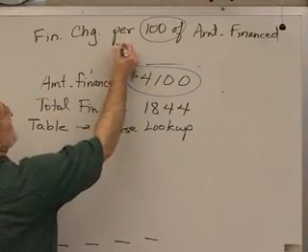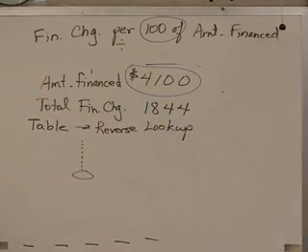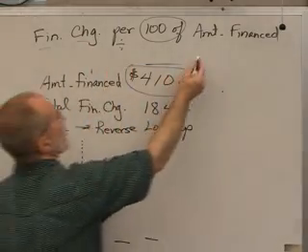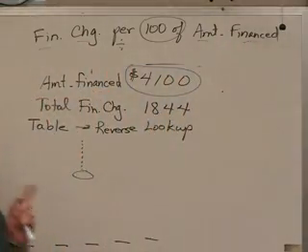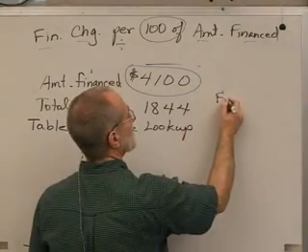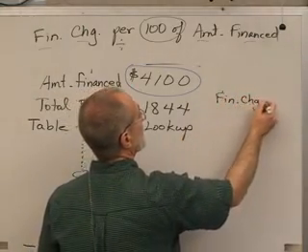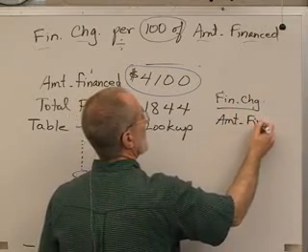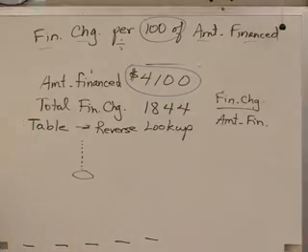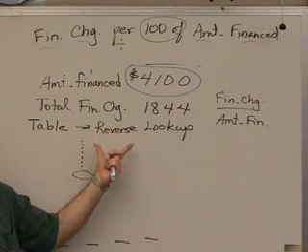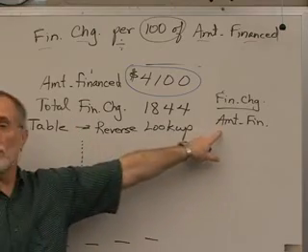The word per means divided by, doesn't it? So, it's finance charge per amount financed. That means it's finance charge divided by amount financed, isn't it? Because per means divided by. And if the table gave us the finance charge per dollar, that's all we would do.